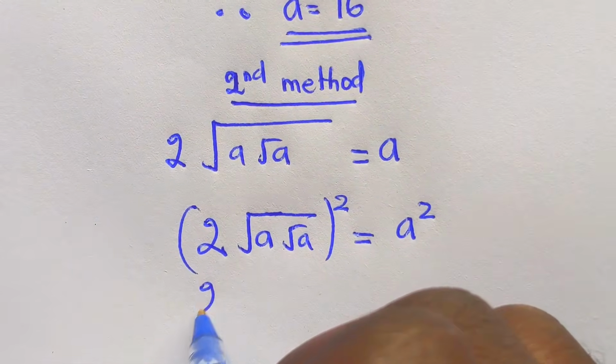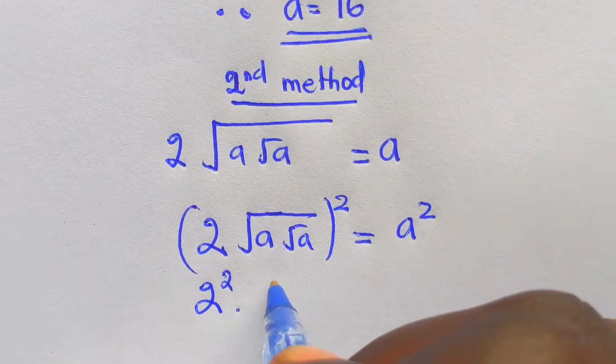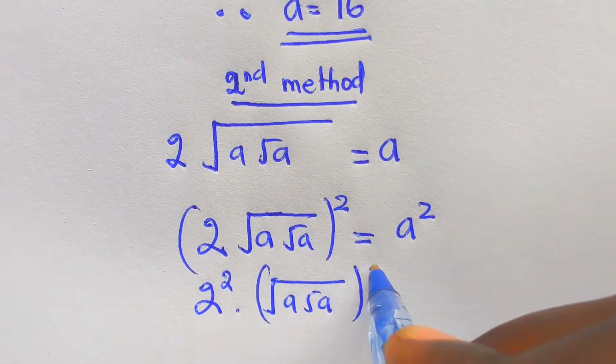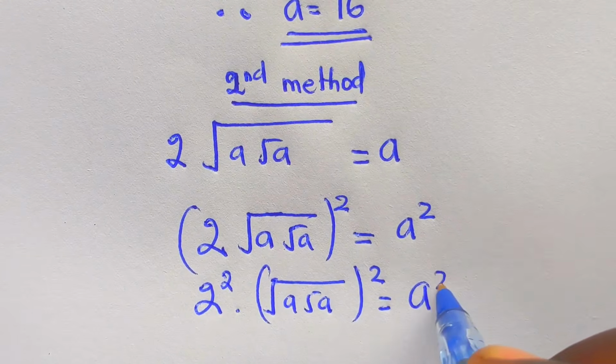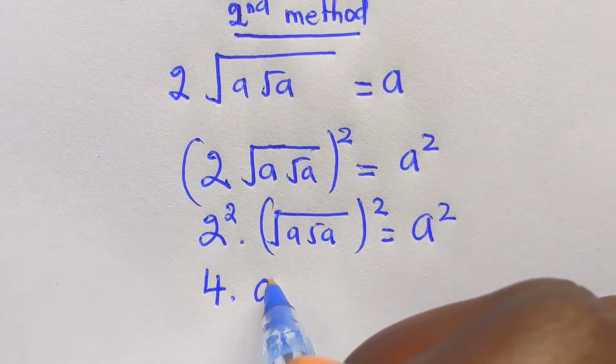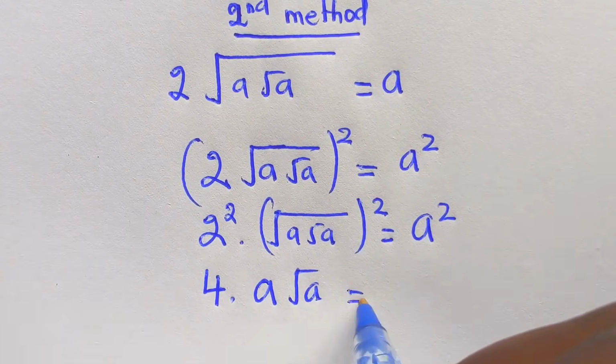This will be 2 squared times square root of a square root of a squared, which equals a squared, and this will be 4 times a square root of a, which equals a squared.